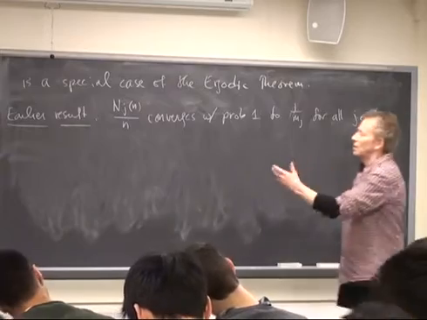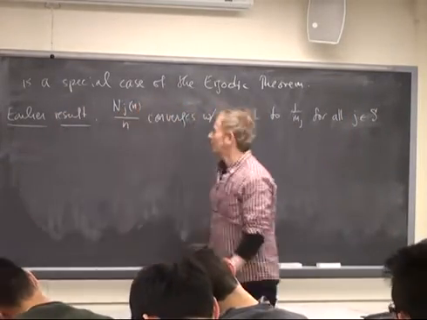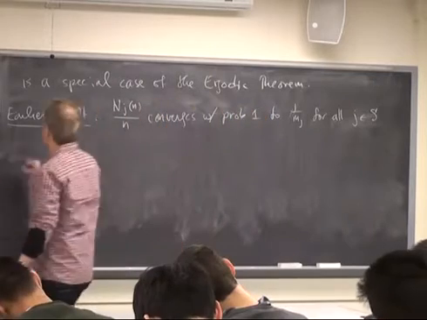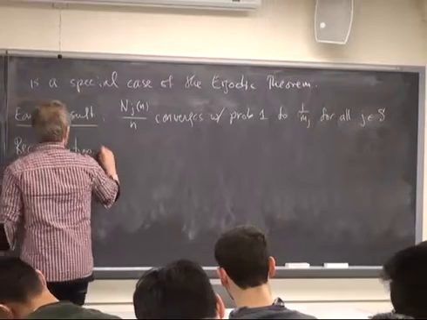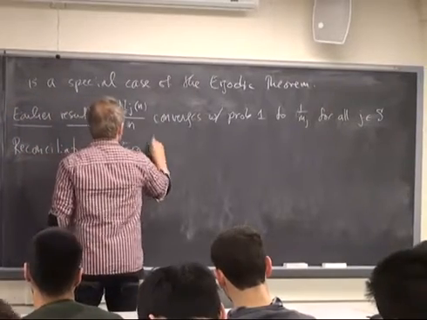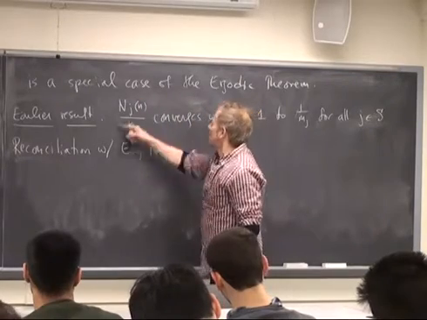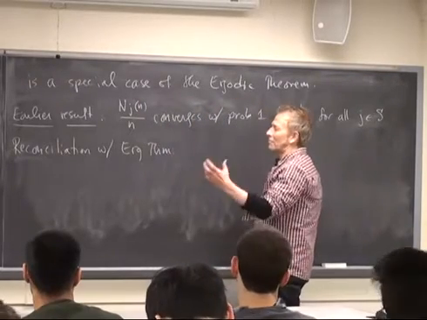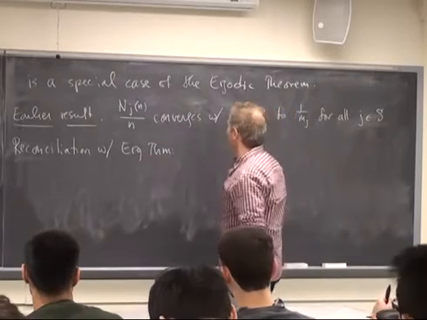Now, how do we reconcile this with the ergodic theorem? So here's the reconciliation with the ergodic theorem. What I want to be able to do is express this N_j(n) over n as the sum from m equals 1 to n of some function f of the state X_m.